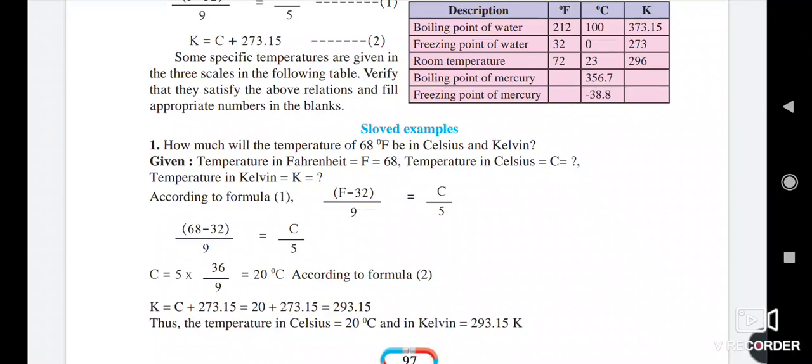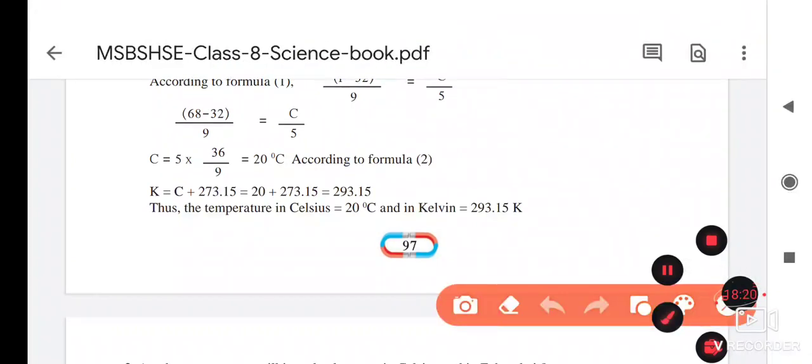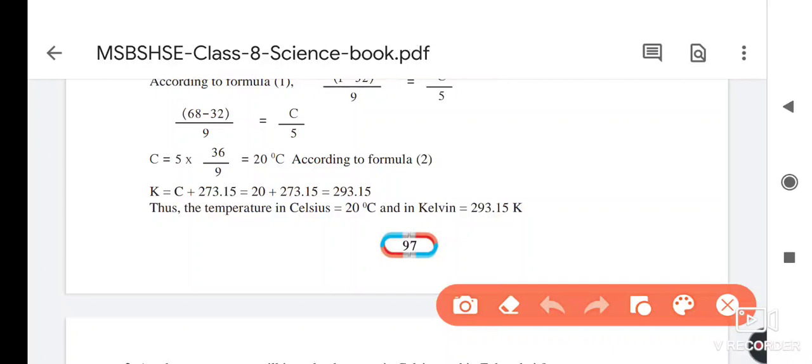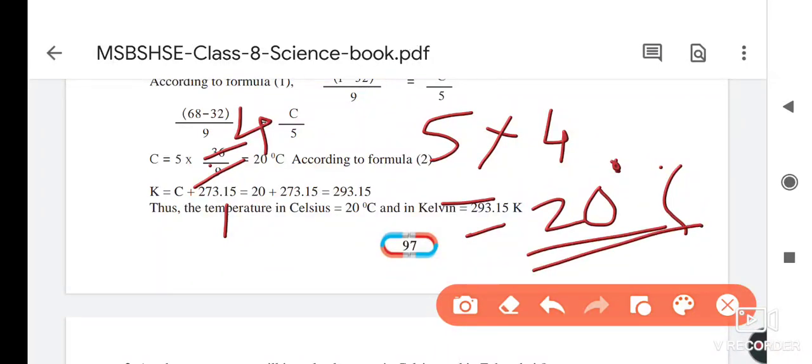Nine fours are 36, so 5 into 4 is equal to 20 degrees Celsius. We get the measurement as 20 degrees Celsius.